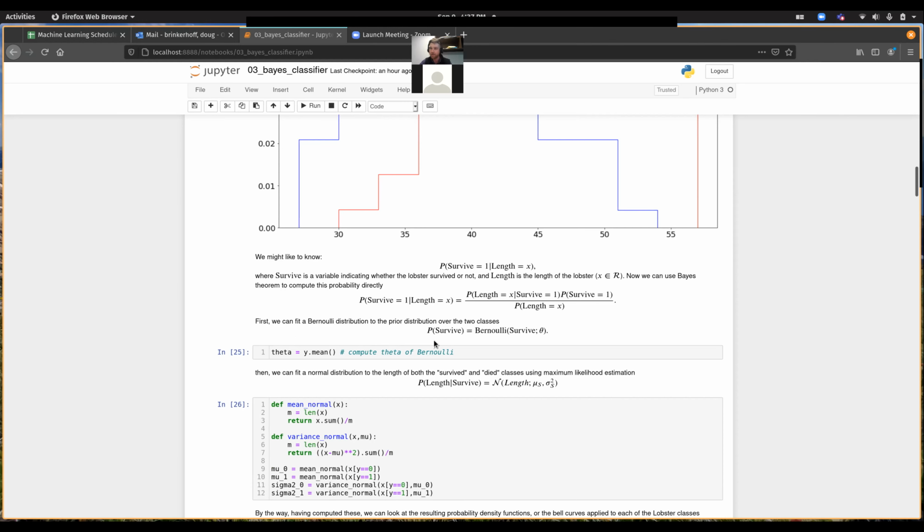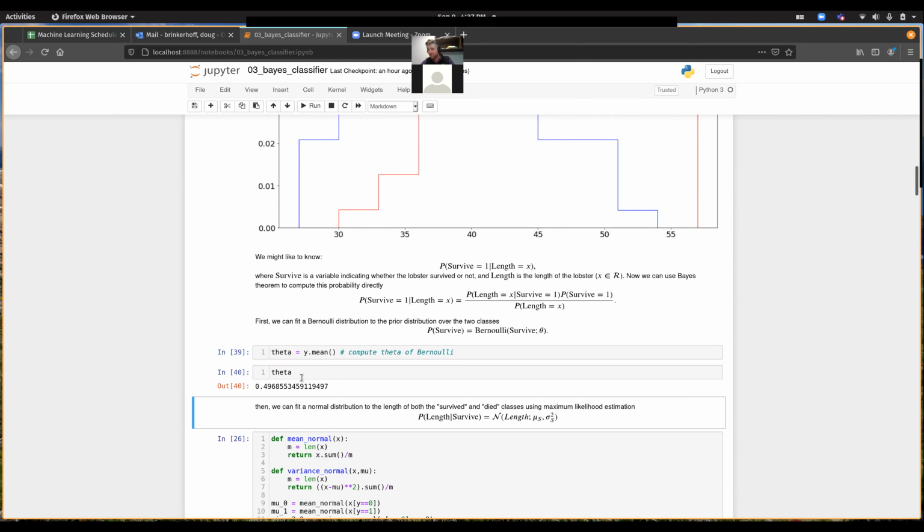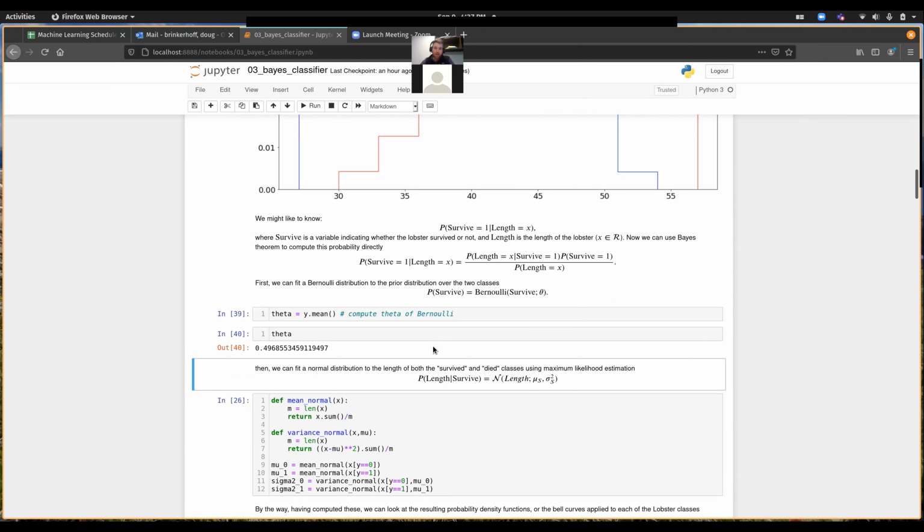We just look at our data and we look at all of the observations of survival or not, and we take the mean of that, right? So there we go. I've just fit a Bernoulli distribution to this survival data. Theta ends up being, let's see, 0.49. So basically 50-50 actually. So this prior is not going to matter a whole lot.